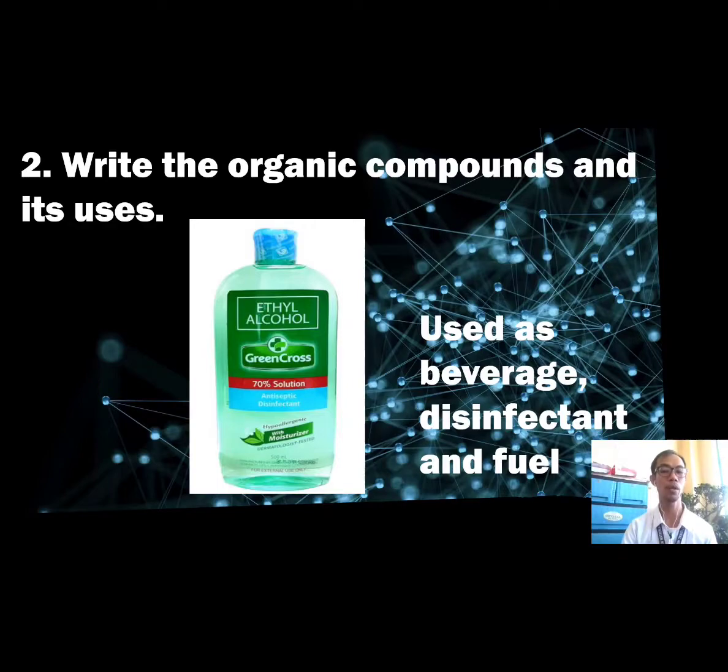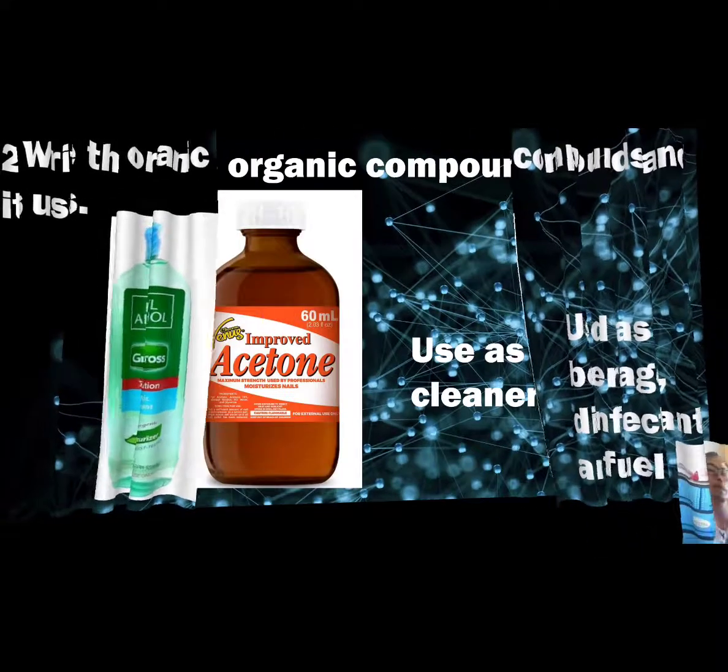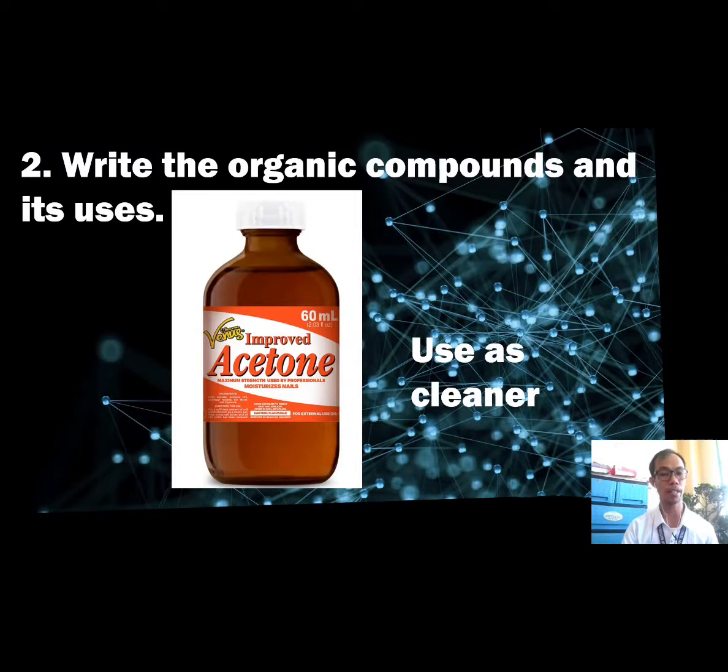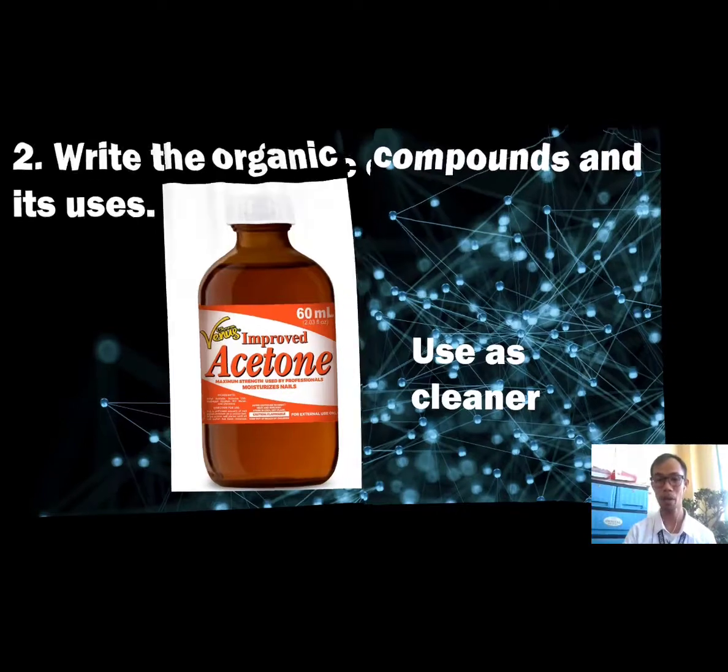Later on, you will know how ethyl alcohol is used as fuel. You have the acetone. Acetone is used as a cleaner. What does it clean? Later on, you will know.